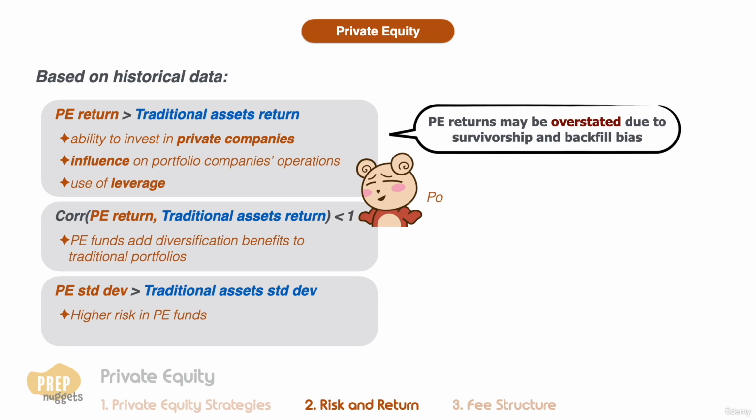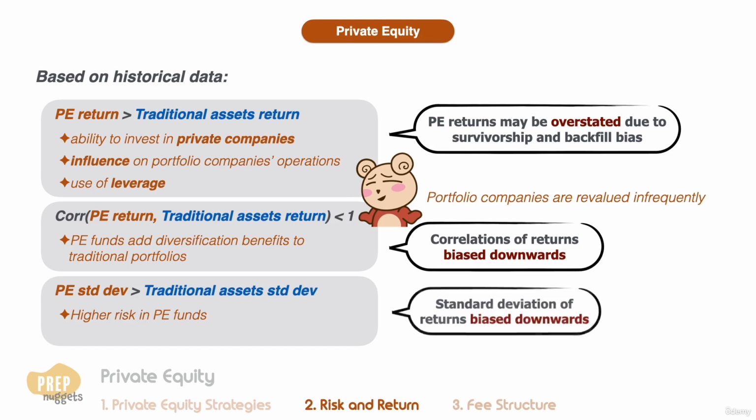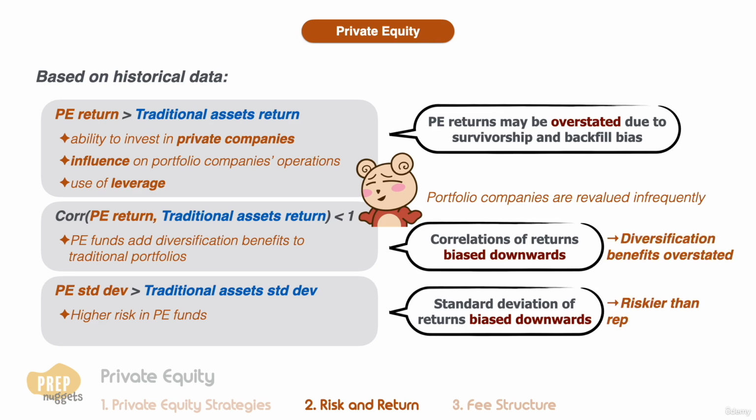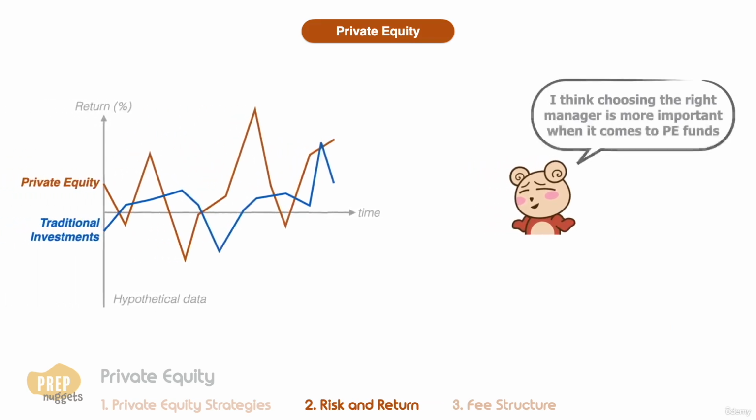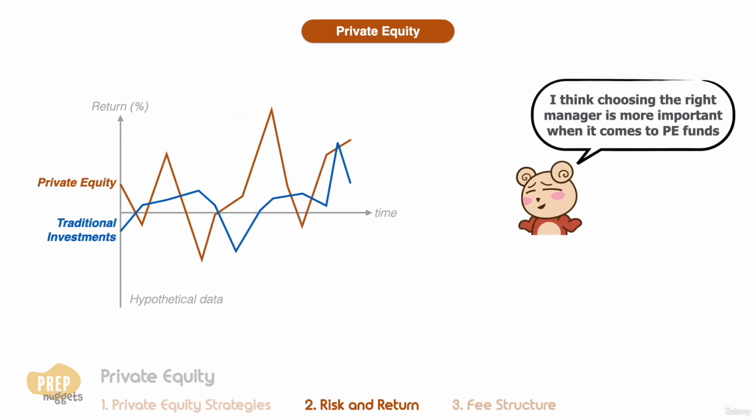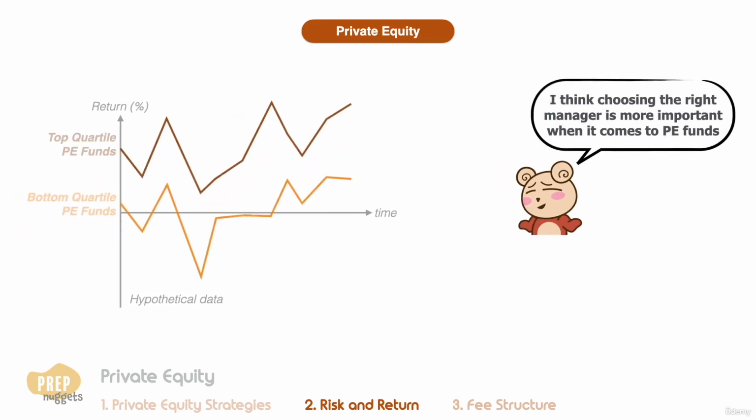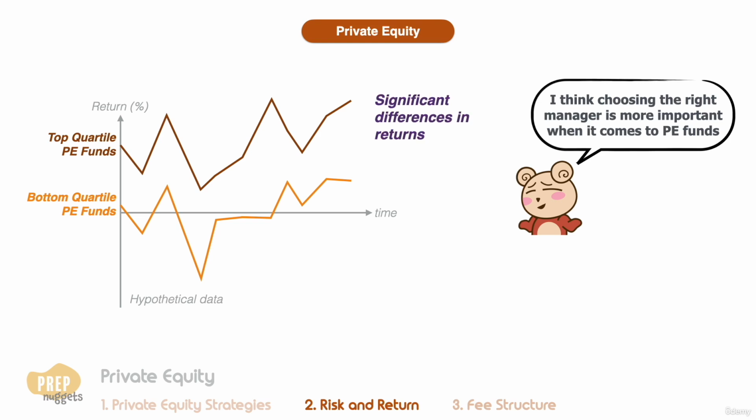Besides, as the portfolio companies are revalued infrequently, reported correlations of returns and standard deviations of returns may both be biased downward. This implies that the diversification benefits are overstated and that PE funds are riskier than what's reported. Evidence suggests that choosing skilled fund managers is important. Differences between the returns to top quartile funds and bottom quartile funds are significant, and their performance rank shows persistence over time.